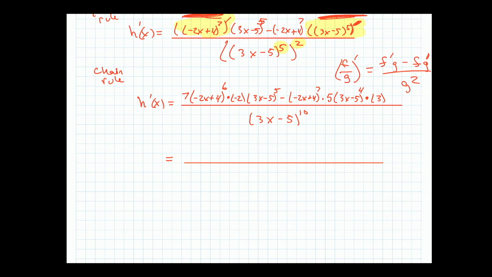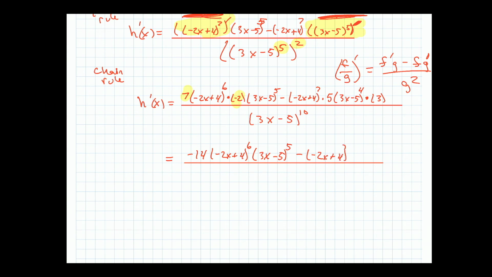All right, so how are we going to simplify this? Again, you could do a lot of factoring stuff out. I'm not going to do that yet, at least. So I'm going to collect the 7 and the 2 here. And then we have (negative 2x plus 4) to the 6th, (3x minus 5) to the 5th, minus (negative 2x plus 4) to the 7th.